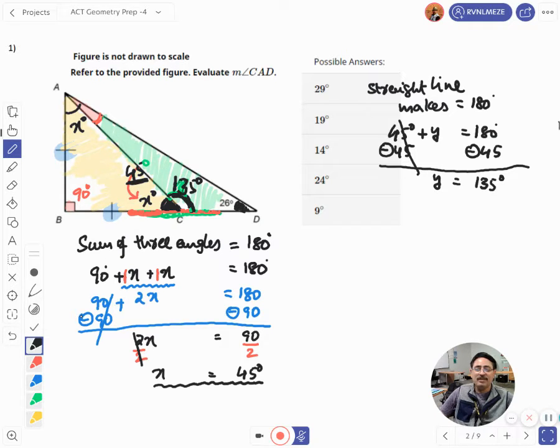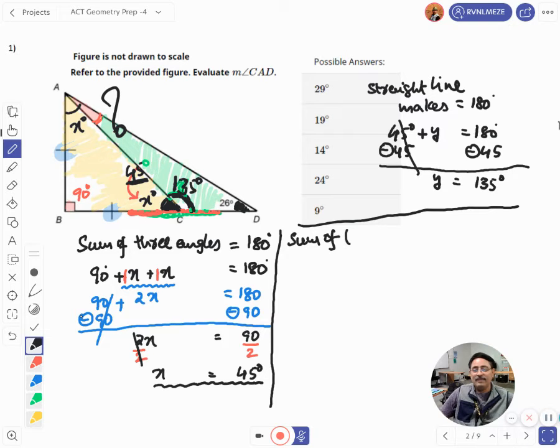You can see in the diagram, and the question is, what is the third angle? Once again, I'm going to use the sum of three angles of a triangle is 180 degrees.